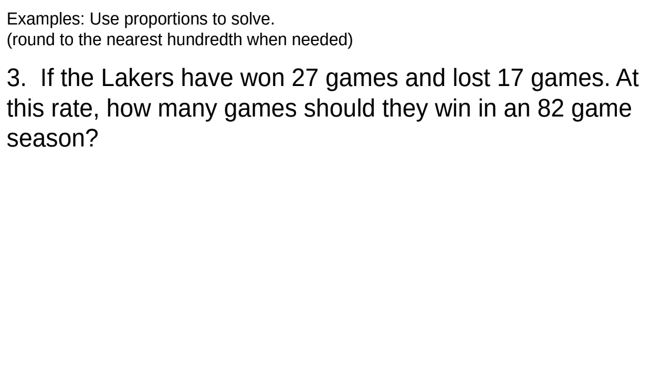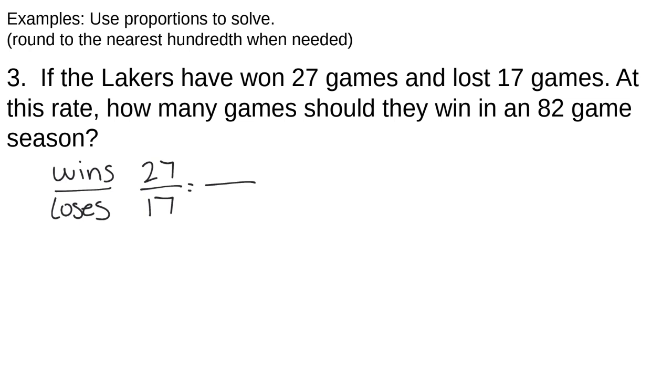And that would be a good first guess on what we would need to start with. We would start with a ratio of wins and losses. And we could go ahead and put those in for our first one. We have 27 wins and 17 losses.